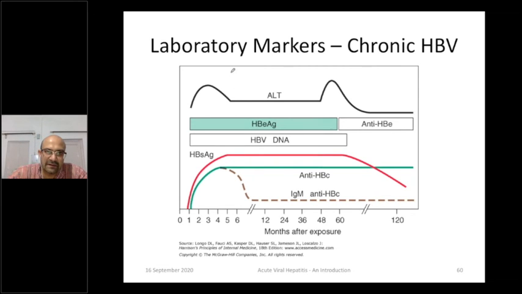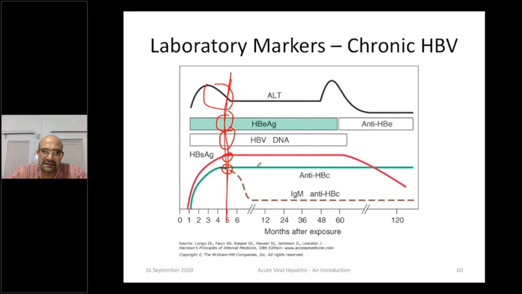So if you're looking at this patient within, let's say, the first 6 months, at the 5th month probably, you will find ALT-AST is raised, you will find HBe antigen is positive, you will find HBV DNA is present, you would find hepatitis B surface antigen is also present, and either HB core antibodies of IgM type or IgG type will be present.